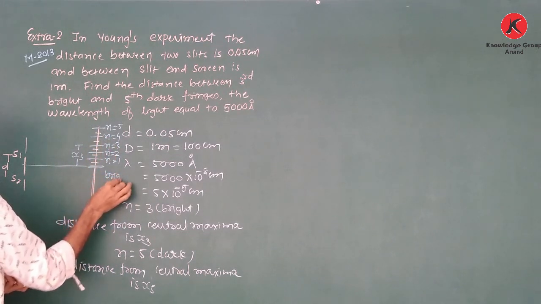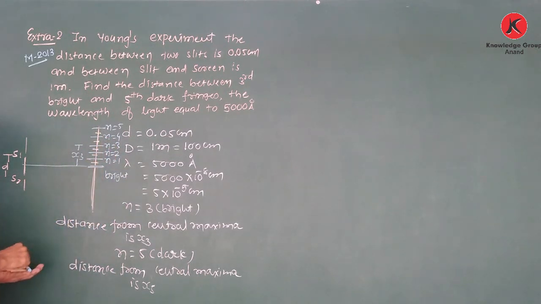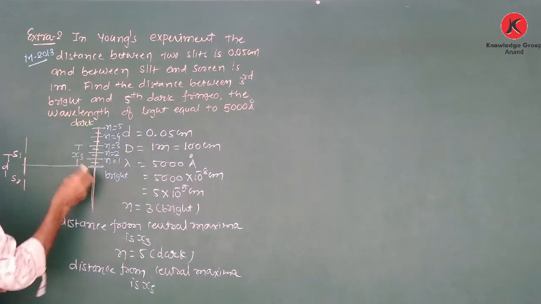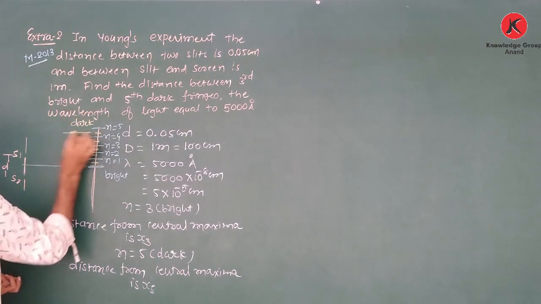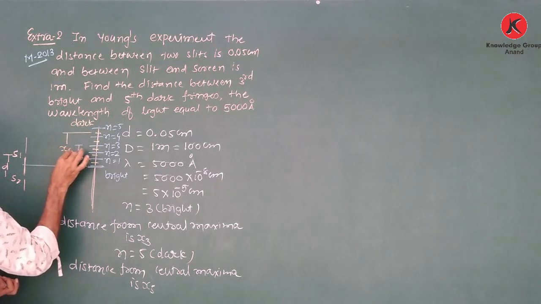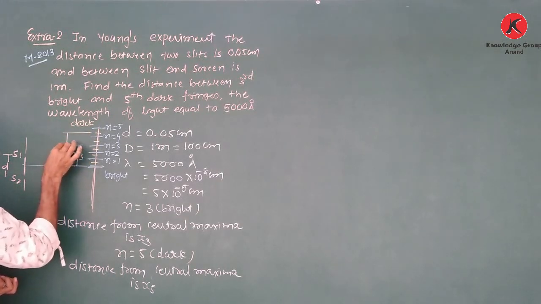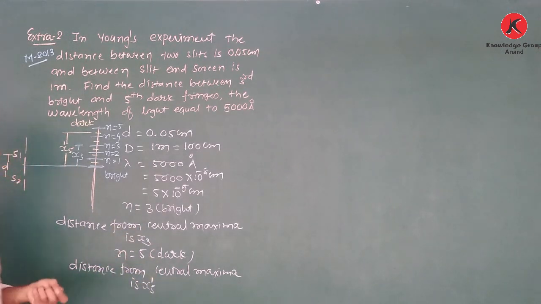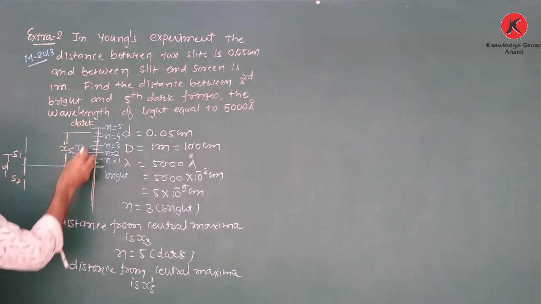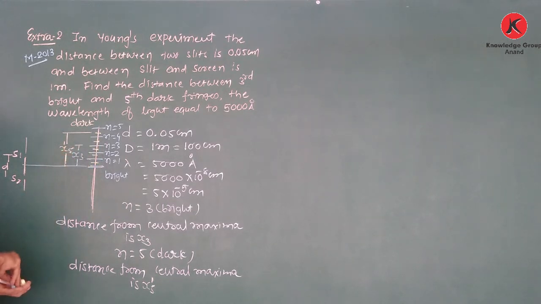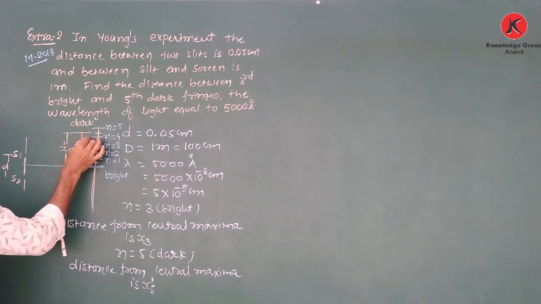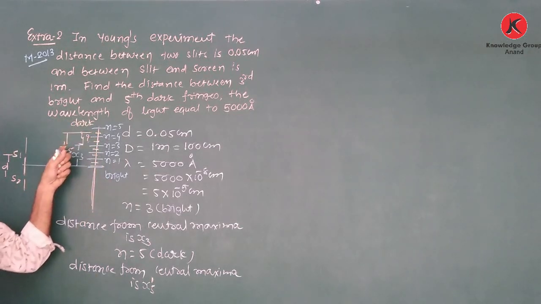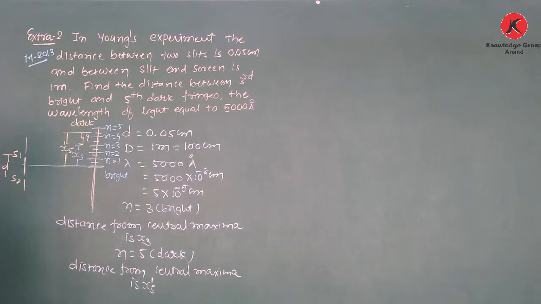So the fifth dark is this, that is the x5 dash distance. We have to find this distance, we require x5 dash minus x3.